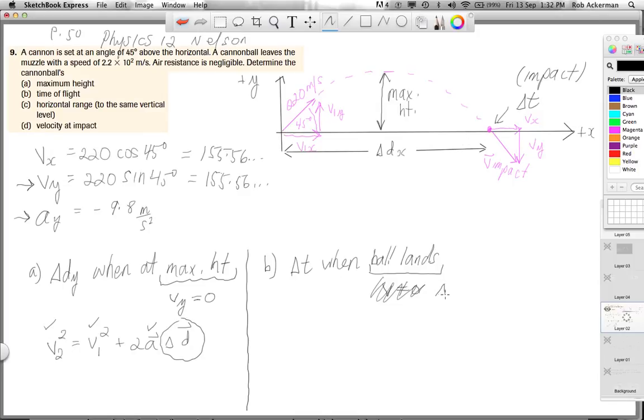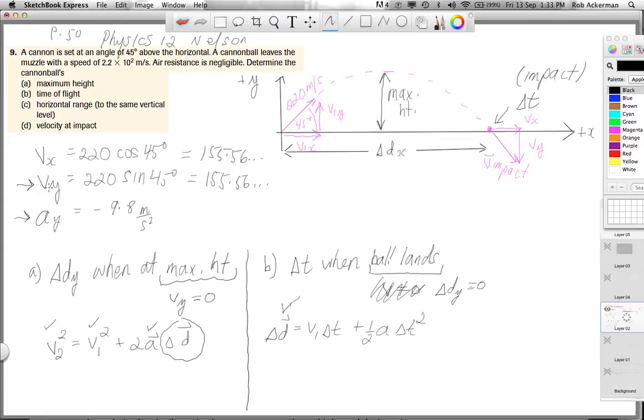So when the ball lands is this idea, delta dy equals 0, that no one can argue with. And so that's what we're going to use. We have a delta d of 0 implied. We have Vy initially this, Ay that, and they want delta t. So what is a good formula? Well, I think if you solve this one using delta d equals V1 delta t plus a half a delta t squared. Let's see, here we're going to use 0, so we know that.